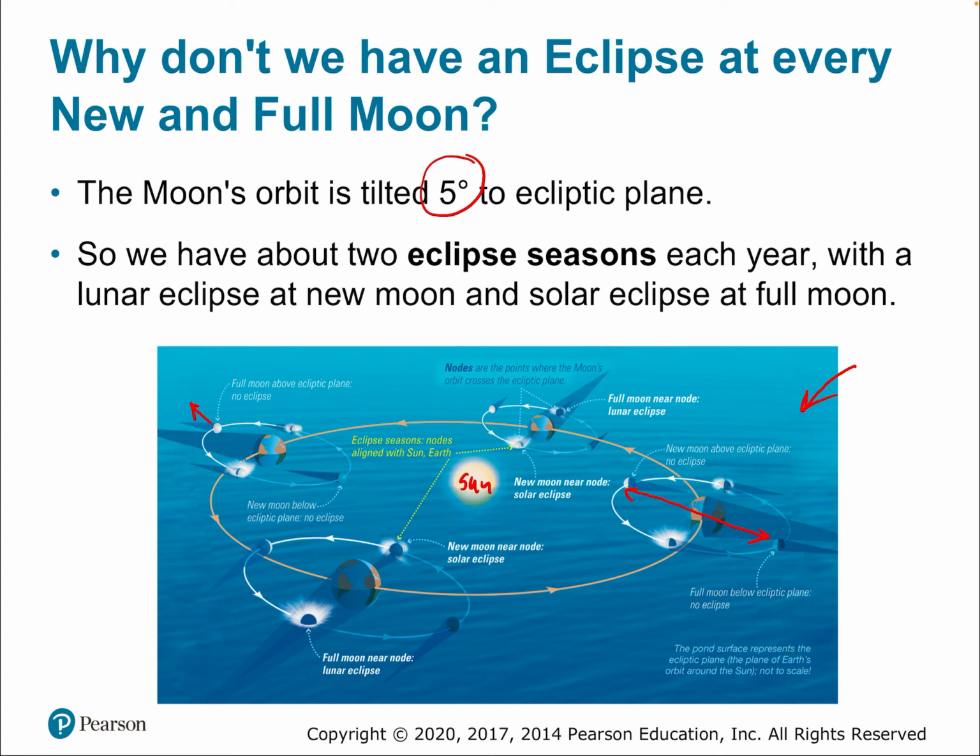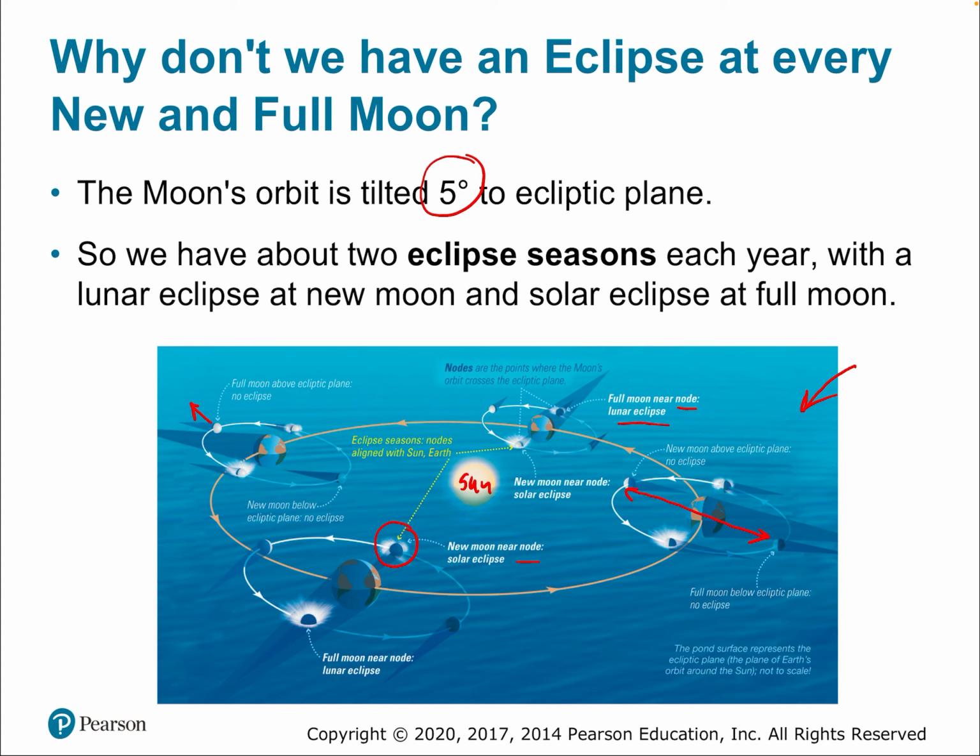All right. So if there happens to be a new moon when the tilt of the moon is lined up in such a way that the moon is passing through the ecliptic plane, shown here as splashing down into the surface of water, that's going to be the right conditions for a solar eclipse. Likewise, when there's a full moon near this node, then you can have a lunar eclipse.